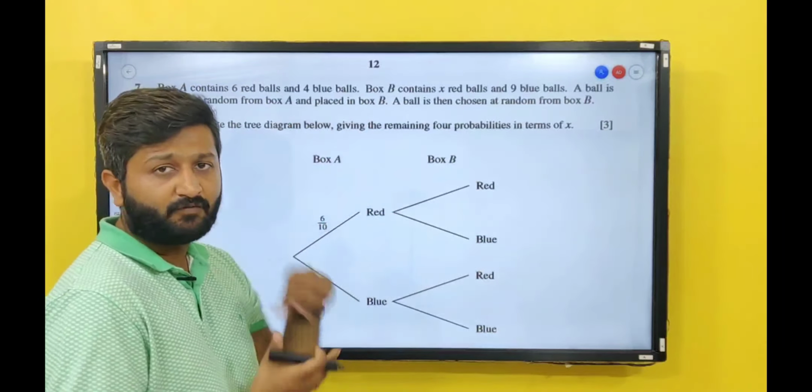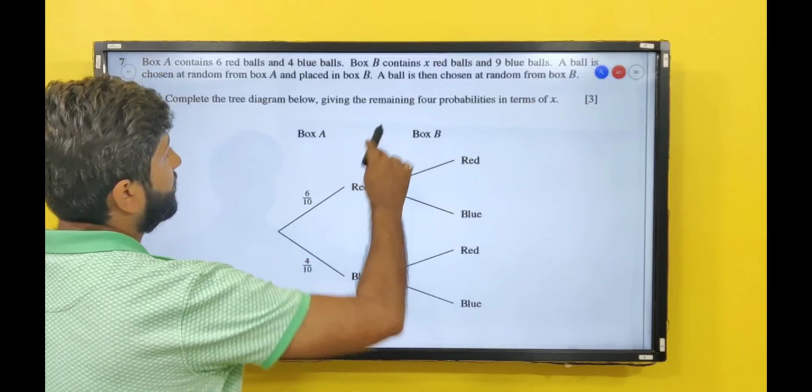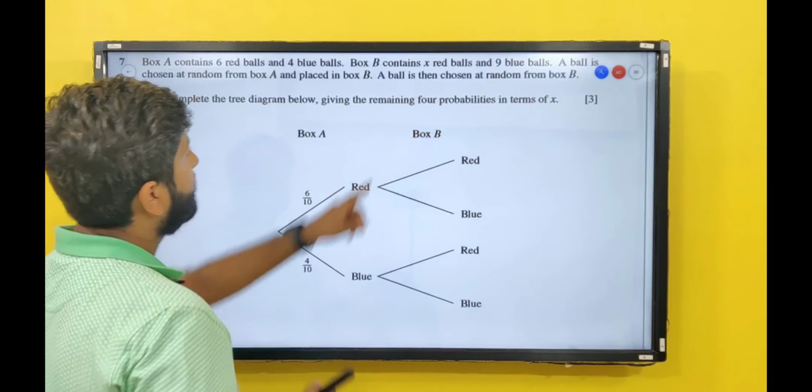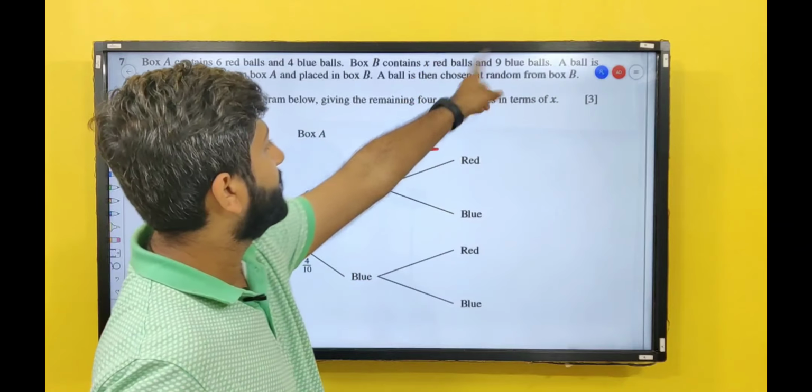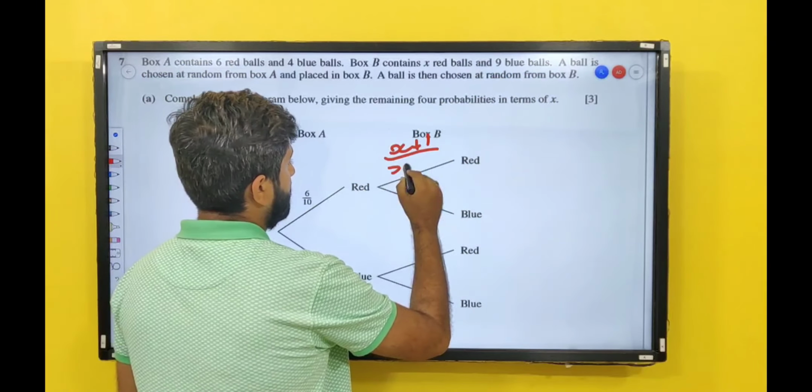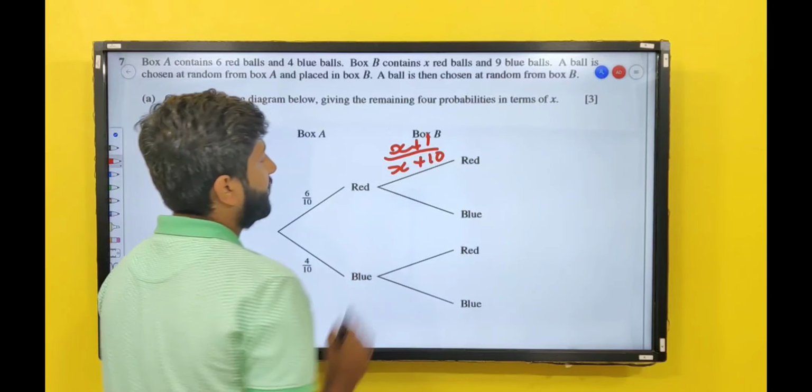Let's see if I have red here. So now here I'll have X. Probability of red ball is X, but if I have taken red here, I'll place it in box B. So the total number of red balls is going to be X plus 1, and the total balls are X plus 1 plus 9, which is X plus 10.